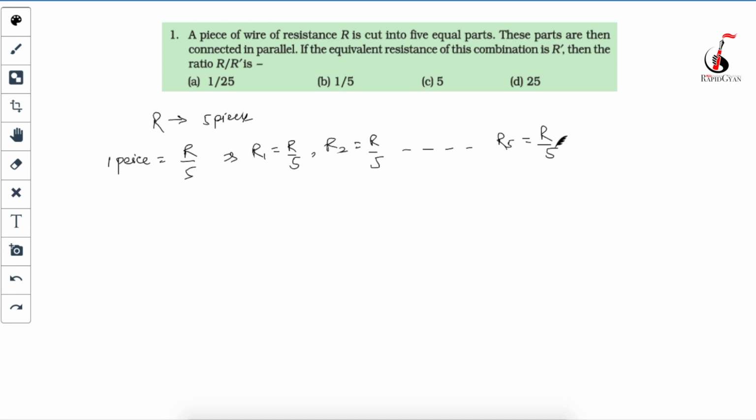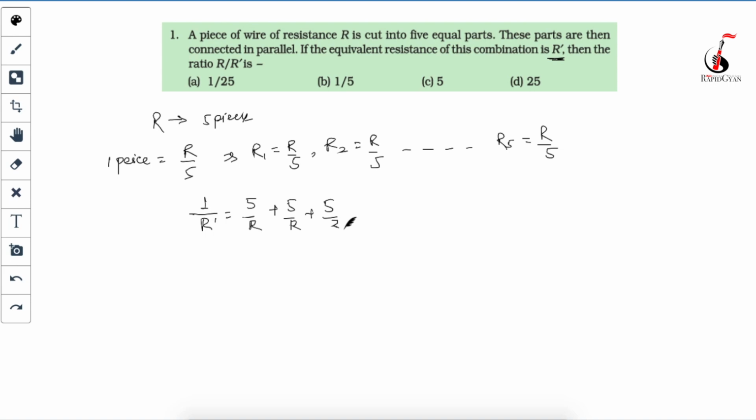Correct? So now what they are saying, these parts are then connected in parallel. So now we'll have to connect this in parallel. In order to find the equivalent resistance in parallel, and they are saying that the equivalent resistance is R dash. So if you have to find R dash, what will you write? 1 upon R dash. So this will become 1 upon R1, and 1 upon R1 will become 5 upon R. So I will have to add 5 upon R five times.